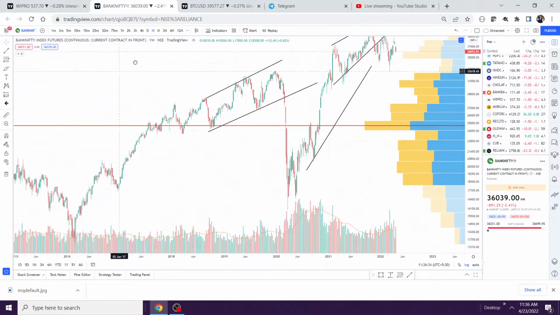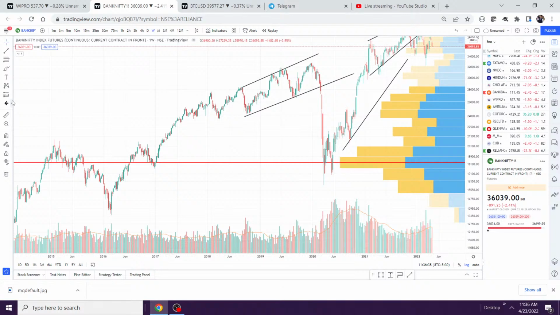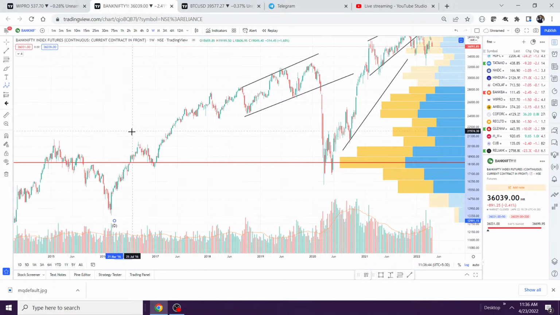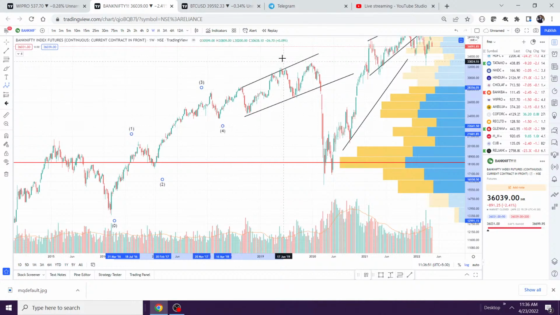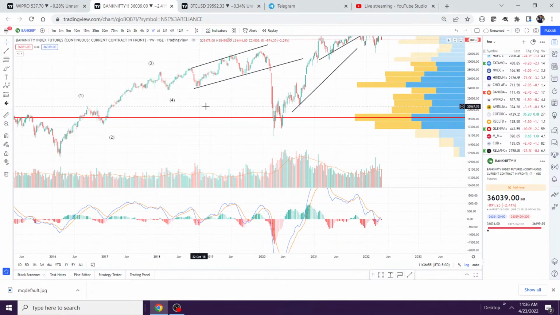This is the fifth wave. Let me show you how. And this entire move is a fifth wave. How can we find that out?